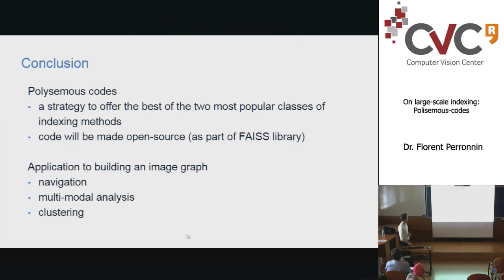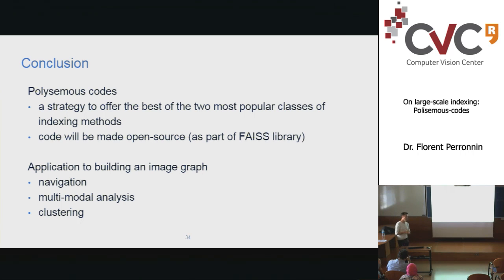Okay, so just to conclude, as I explained at the beginning, today there are two main strategies to encode your data into compact codes. One is extremely fast but not very accurate because it constrains your data to lie in the binary space, and one is extremely accurate for a given number of bits but not as fast to compute because it does not leverage fast binary operators in assembler.